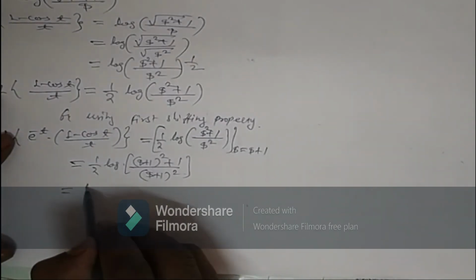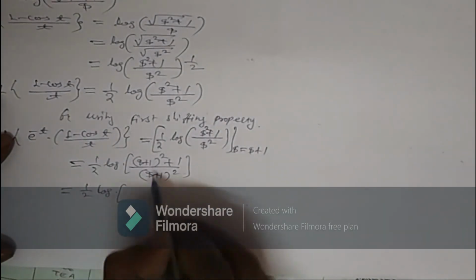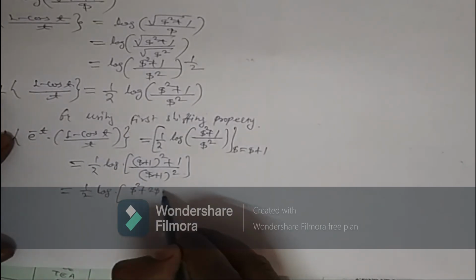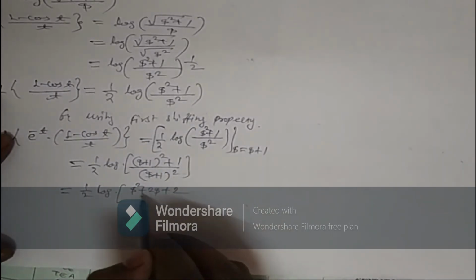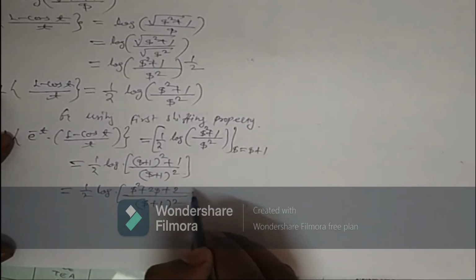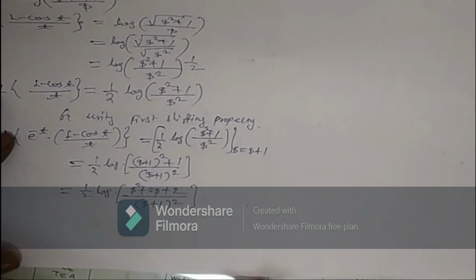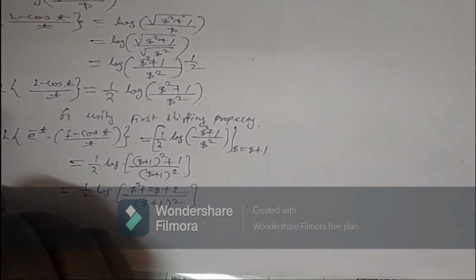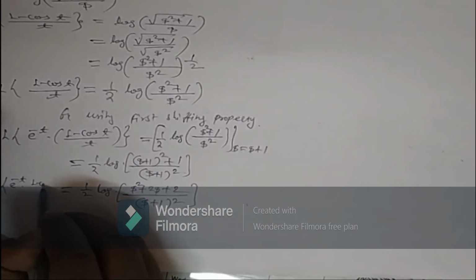Now if you simplify this, 1 by 2 log of, here it will be s square plus 2s plus 1 plus 1, that is 2, divided by (s plus 1) square, isn't it? So this is Laplace transform of e raised to minus t into (1 minus cos t upon t).